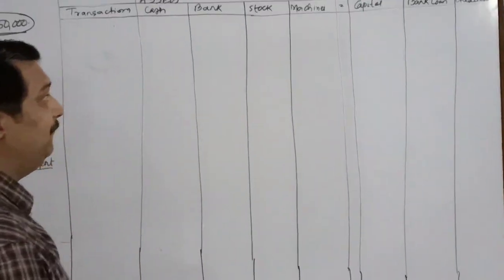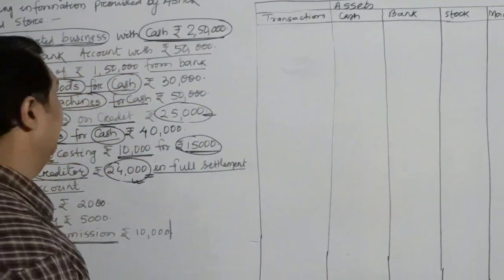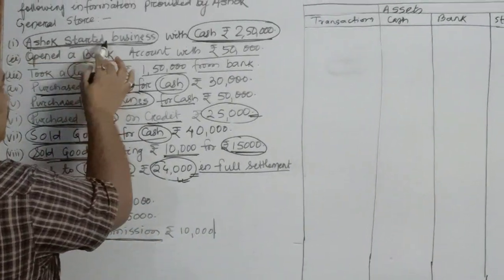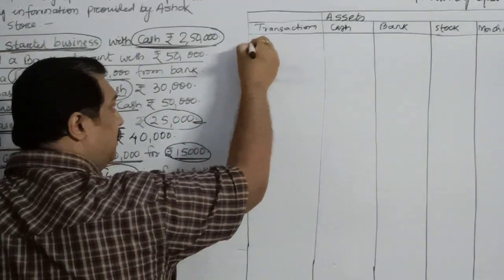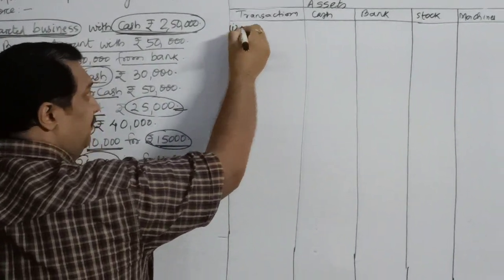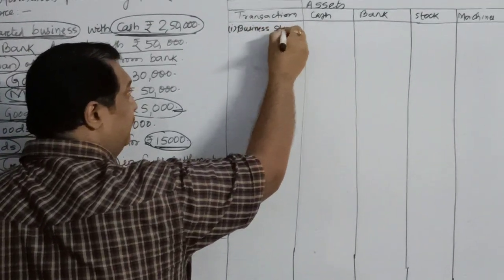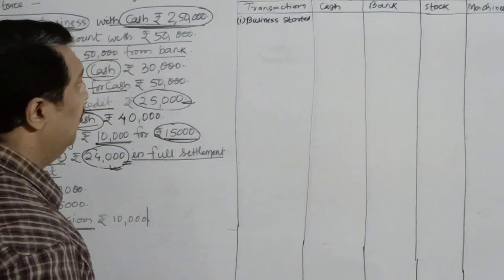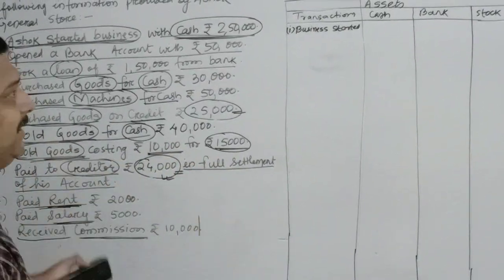Please pay attention carefully how to record transactions in the accounting equation. What is your first transaction? Ashok started business with cash rupees 2,50,000. So here you will write 1, transaction number 1, business started. Now when business is started, what are the two things happening?